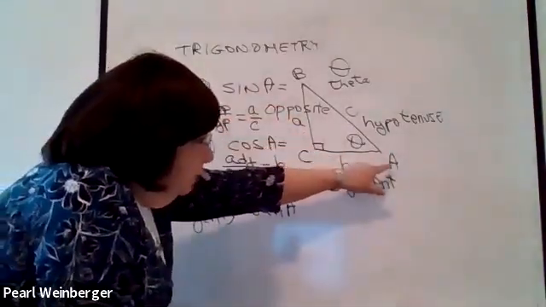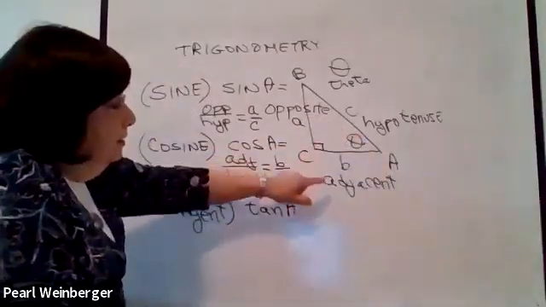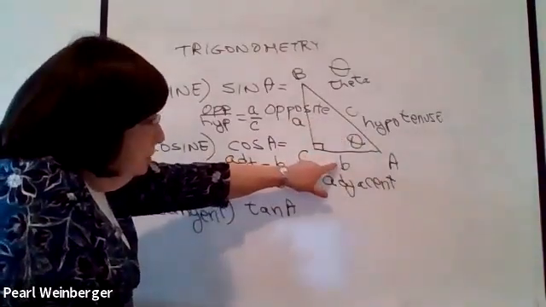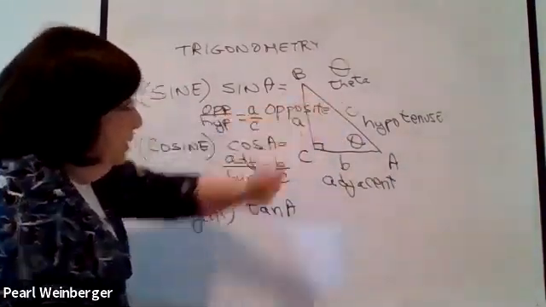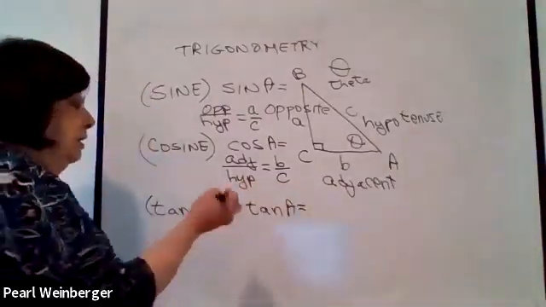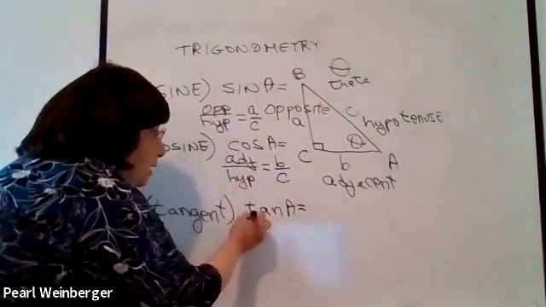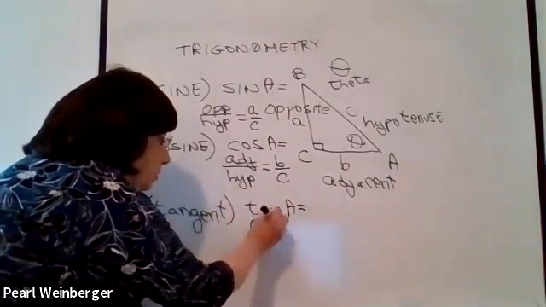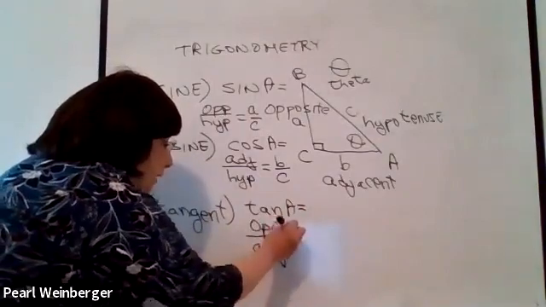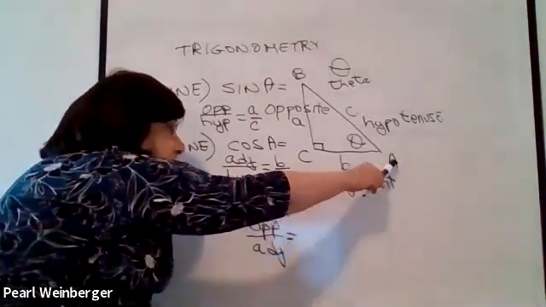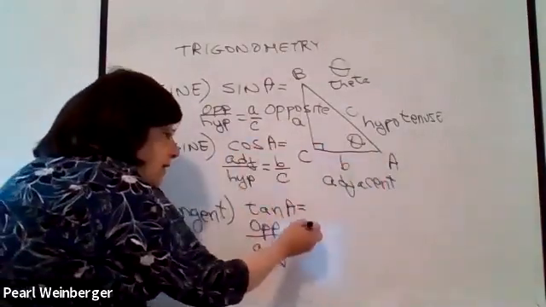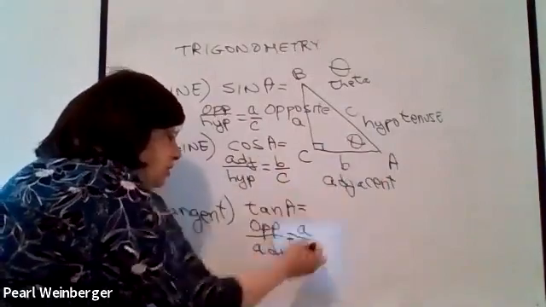The cosine of angle A is the ratio, the fraction we get by taking the adjacent side and dividing it by the hypotenuse. And the tangent is the opposite leg over the adjacent leg. In terms of this, if I'm looking for tangent A, I do the opposite, which is the A, over the adjacent, which is the B.